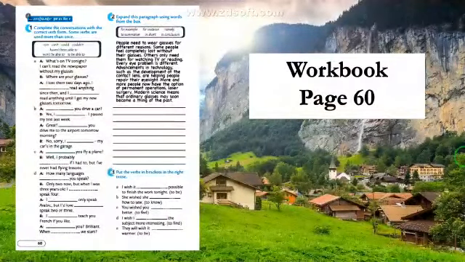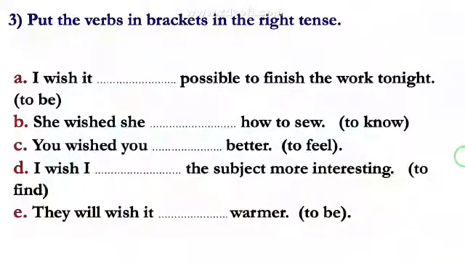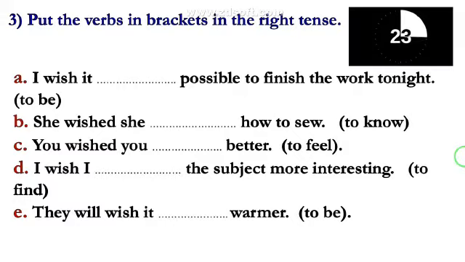Now please, dear students, do your workbook page 60 exercise number 3, the same idea, dear ones. You just have to complete the sentences using the right tense of verb between brackets. Take your time as usual and then check the answers with me.